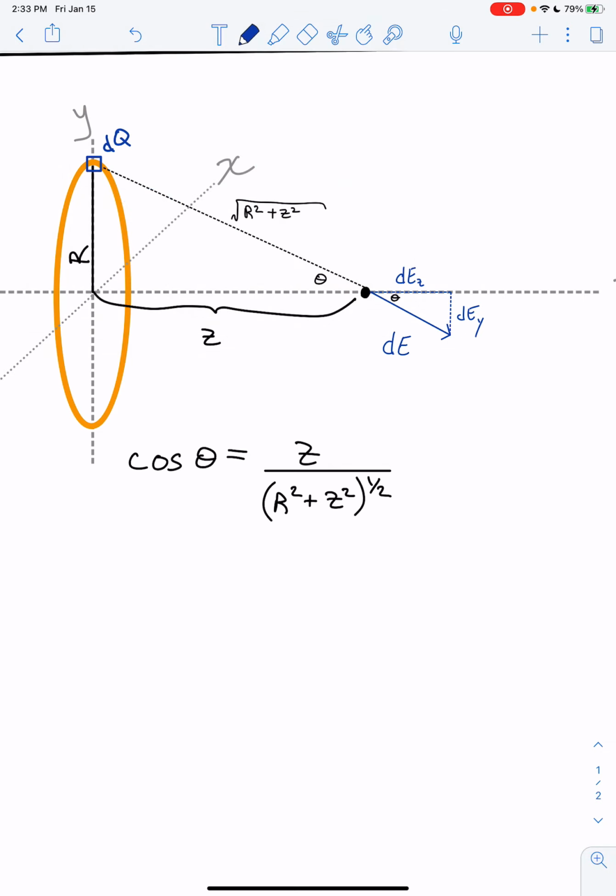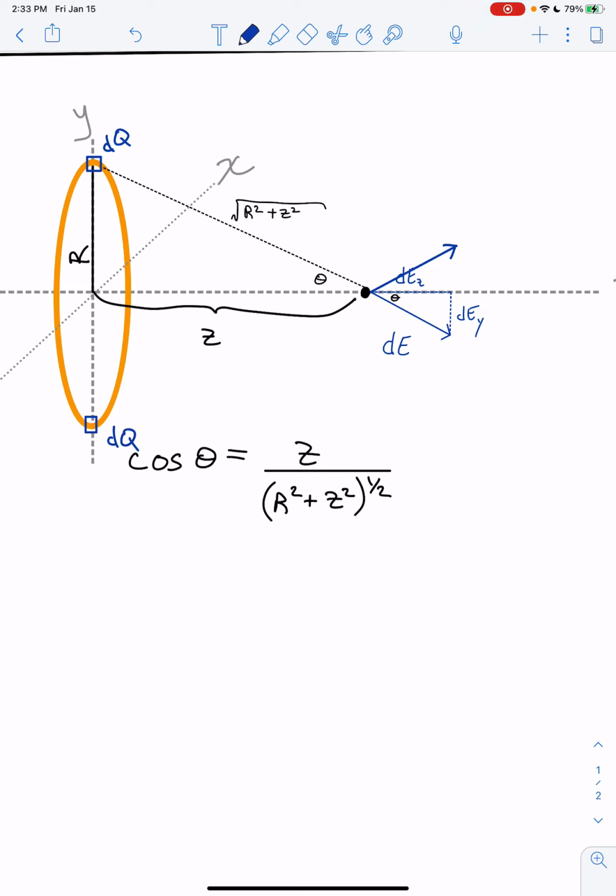That symmetry makes the problem significantly simpler because we can consider that there's a symmetric little dQ down here, and that's also going to produce a dE, and that's going to be here. And the component in the y direction is going to cancel with the component in the y direction from our original dQ.